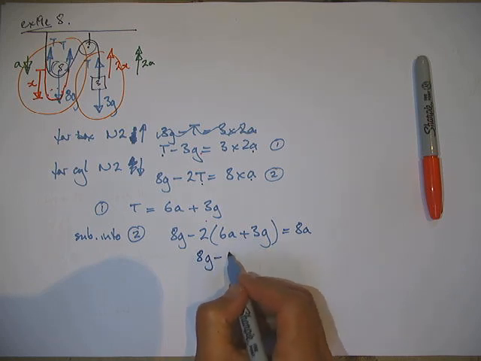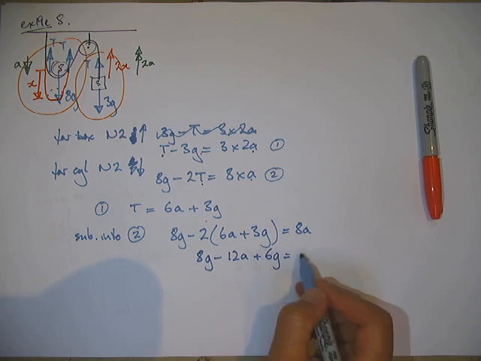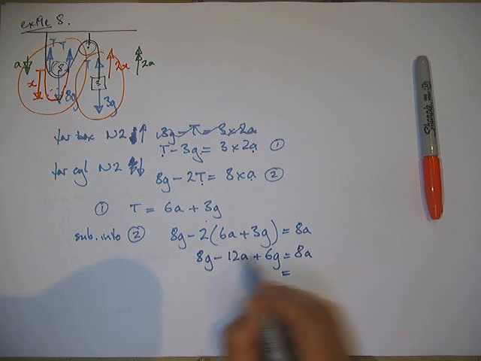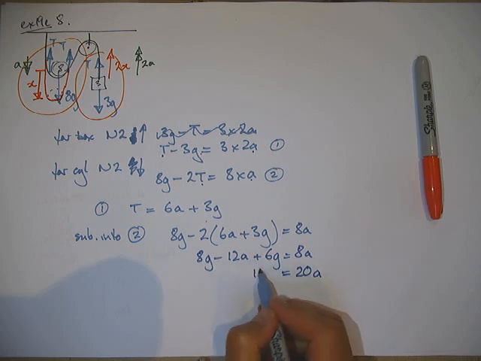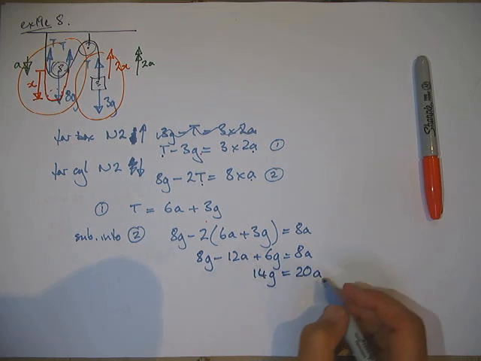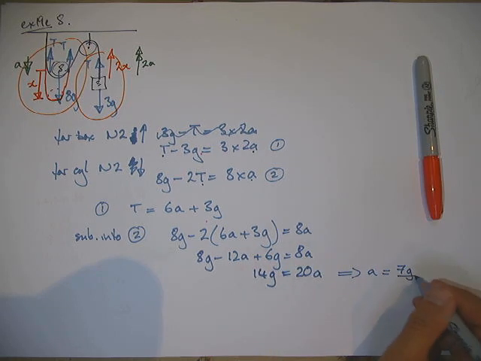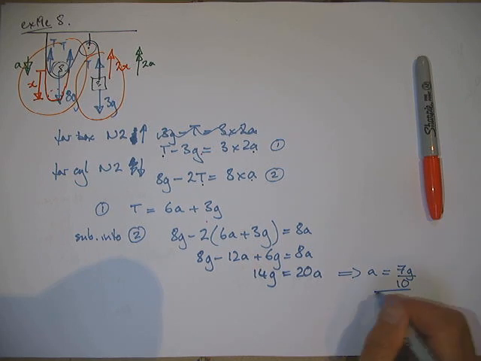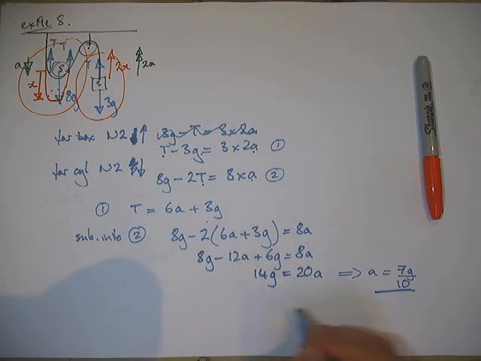So I've got 8g take 12a plus 6g is 8a. 20a is 14g. So a equals 14g over 20, 7g over 10. I'm going to keep it like that until the very last minute. So I'm now going to put into this equation.